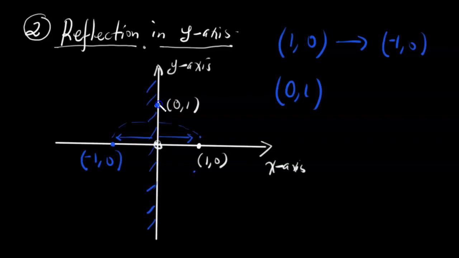What about this point here? This point here, 0, 1, is on the mirror line itself, on the y-axis. That means it's not going to shift anywhere. So it's going to stay as 0, 1.